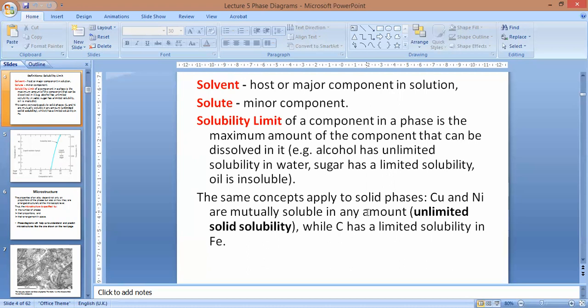When you reach the solubility limit, your sugar will just be inside the cup and it will settle at the bottom and it will not dissolve into the water. So now when you get your cup, isn't it? It has the solution of water and sugar, the liquid, while inside the liquid you have crystals of sugar that did not dissolve in the solution.